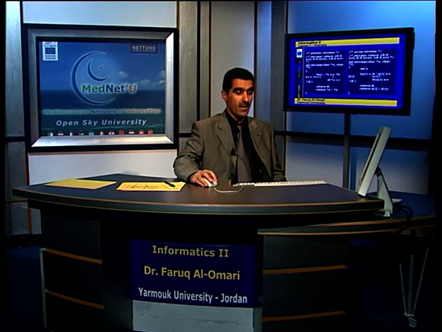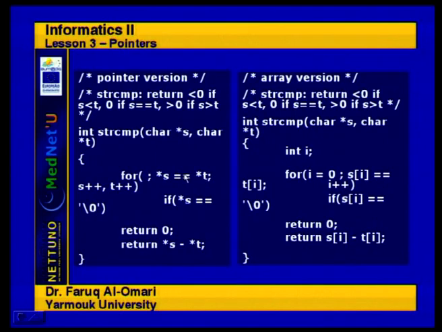Otherwise, that means I returned because these two were not equal. In that case, I'm returning the character pointed by S at that moment minus the character pointed by T. If S is greater, this is going to be a positive value; otherwise, it's going to be a negative value, which means greater or less than.